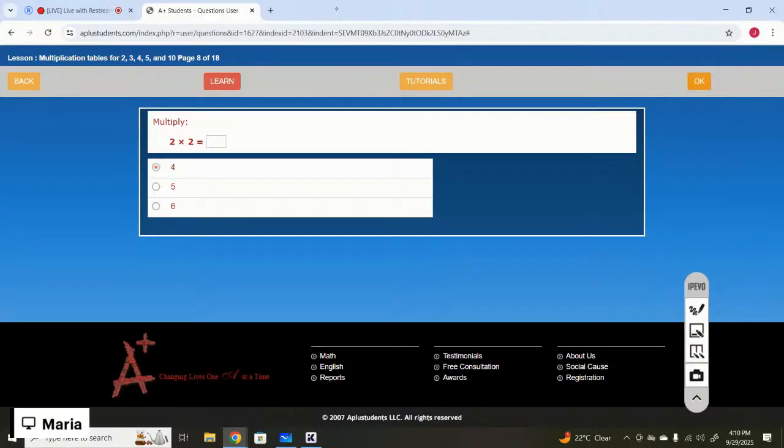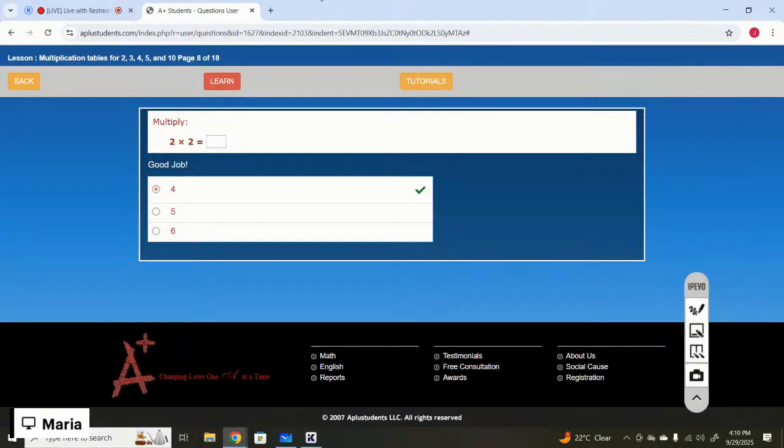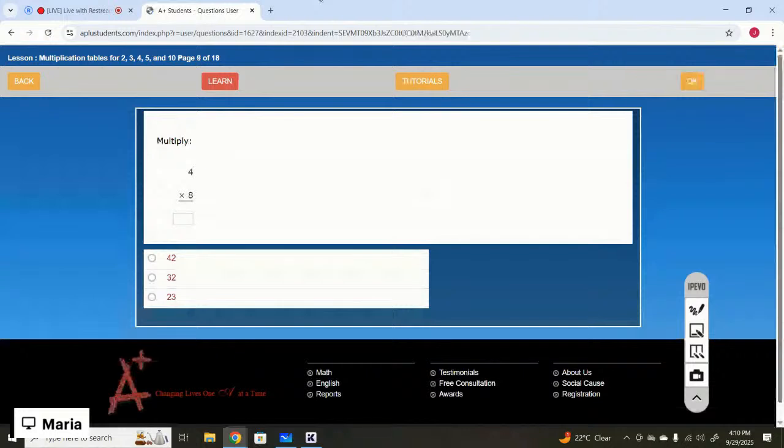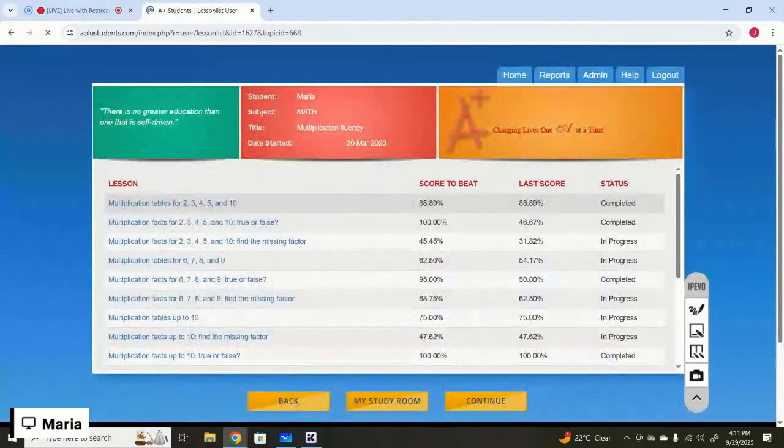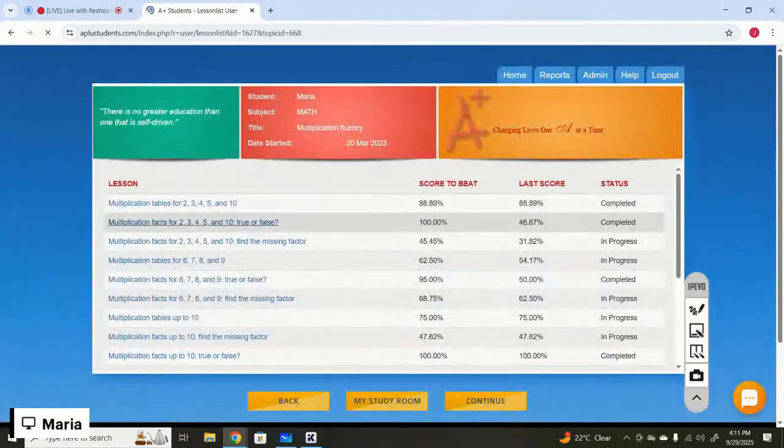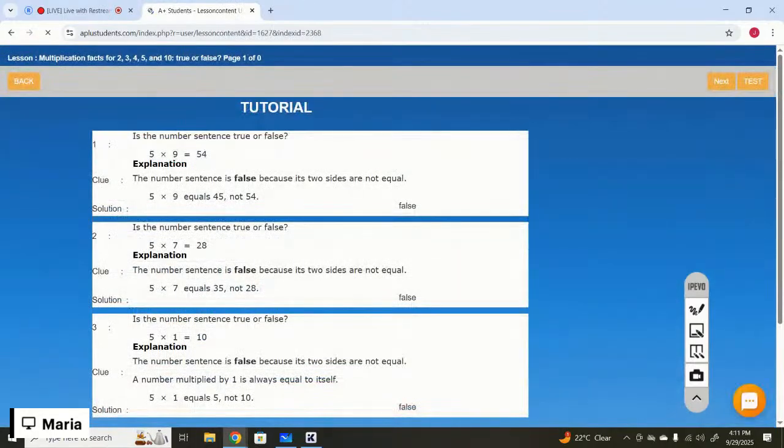Option number 1 is the correct option. Okay, you can complete the lesson by yourself later today. Let's just move on to the next lesson. The lessons are all about multiplication tables. Try to be perfect with multiplication tables. They are very, very important.